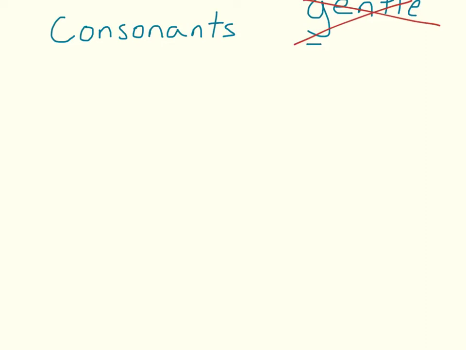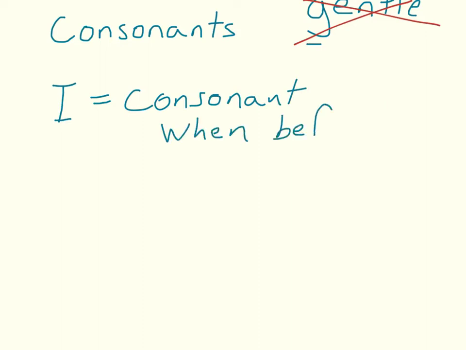What's next? A tricky one is the consonant I, because I, as we know, is also a vowel. In a lot of respects, it's kind of like our letter Y in English, which is a vowel but also sometimes a consonant. And it's a consonant when it's before a vowel, so when it's in front of another vowel.